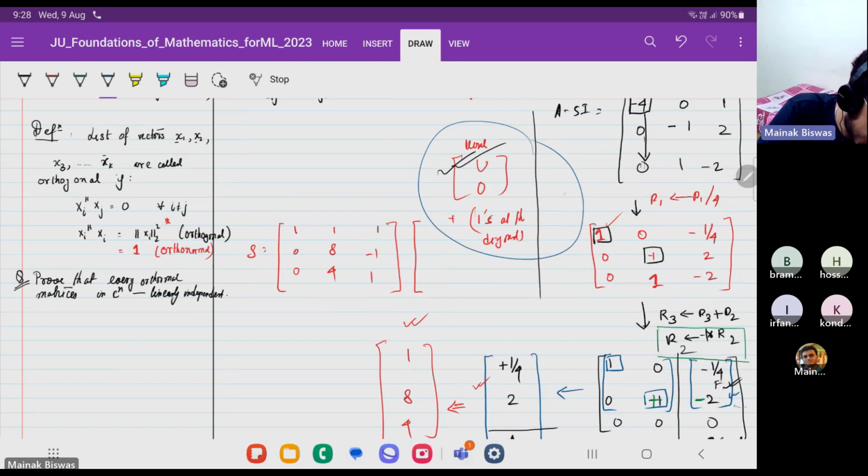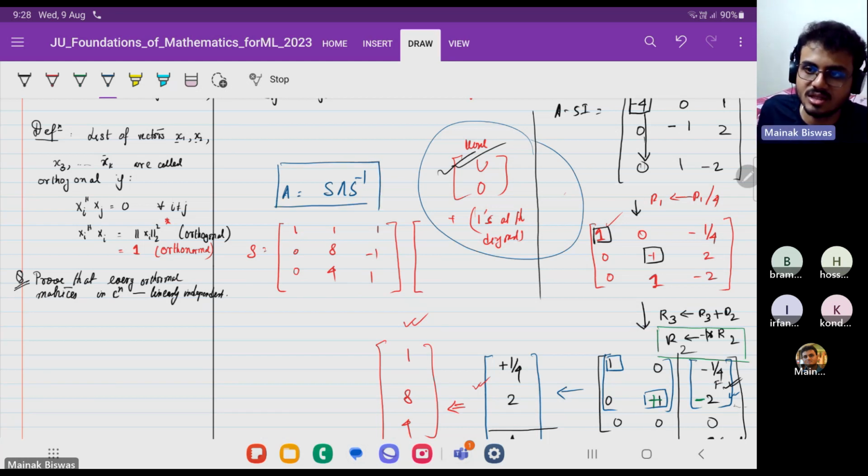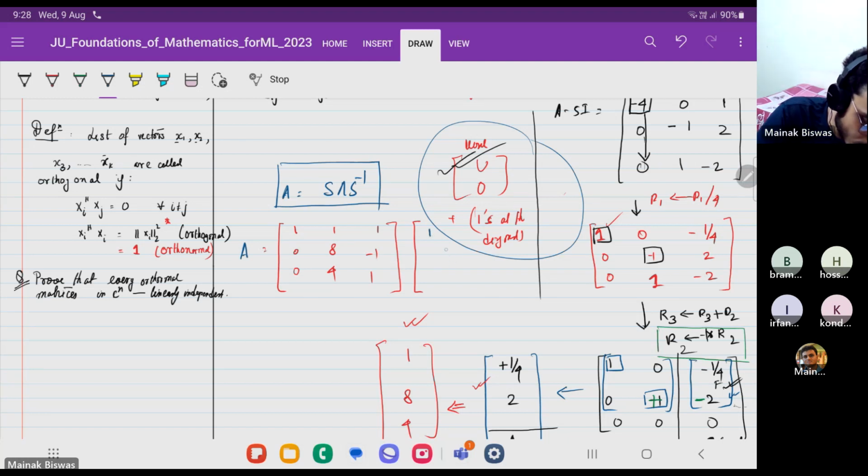We had said that if it exists, we showed this as diagonalizability last day. So what would be your lambda matrix here? Tell me. 1, 5, 2, right? Yes or no?